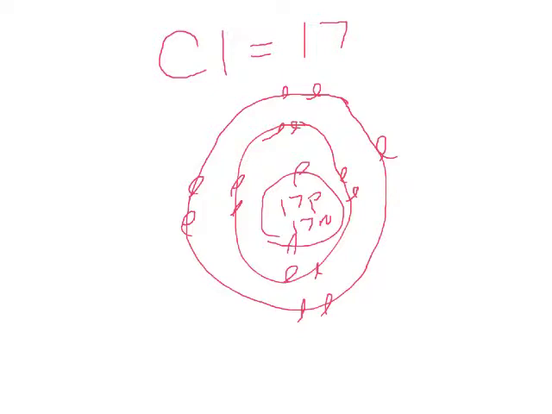Now in this case, there are 7 in the outer shell. You're not going to lose electrons. There's too strong a charge to take away 7 electrons. They're being pulled really hard towards those protons.